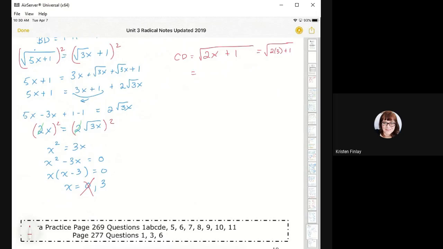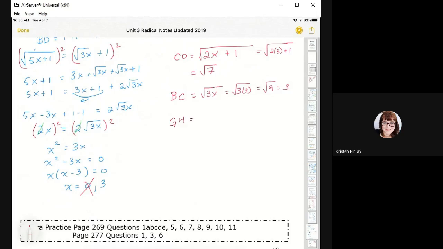So this is equal to 2 times 3 is 6, 6 plus 1 is 7, so root 7. Okay, and there's nothing to say we can't have a radical as our measurement. BC is equal to root 3x, so that's root 3 times 3, which is root 9, which equals 3.